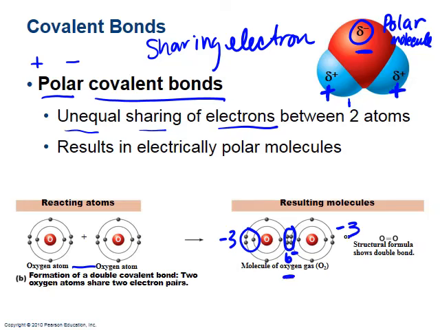So this middle part here is more negative than the outer part. So this part is slightly more positive. We would call that a polar covalent bond. So the unequal sharing of electrons results in a polar molecule where one side is slightly negative and one side is slightly positive.